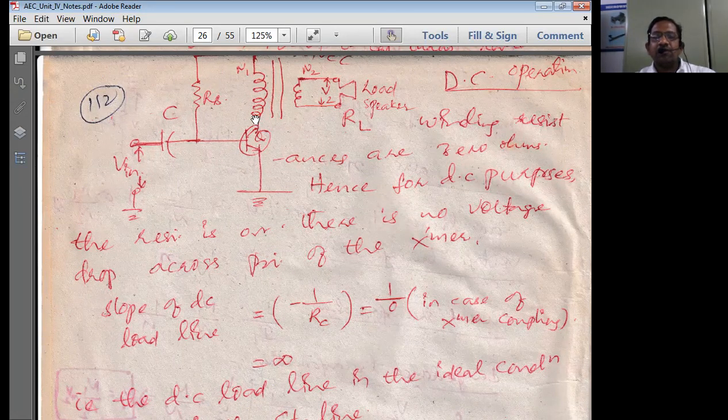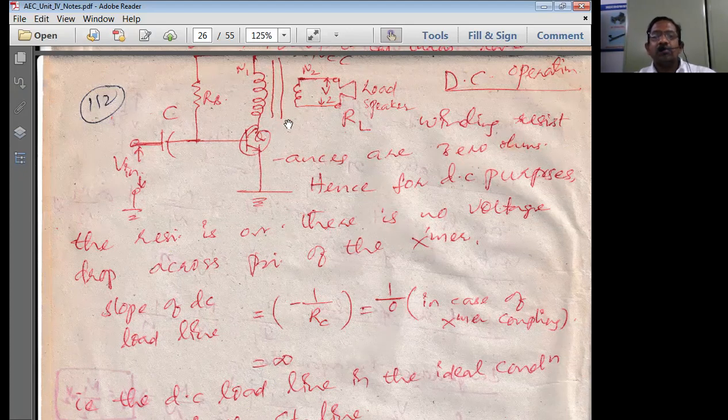Now, whether it is a pure transformer or even a practical transformer, the internal resistance is always going to be very, very small. So if it is an ideal transformer, we consider the resistance across the collector of the transistor equal to 0.